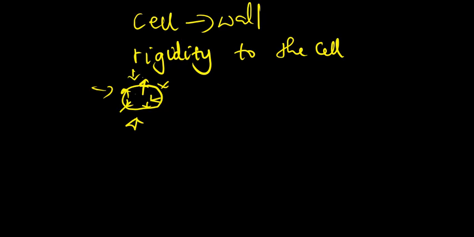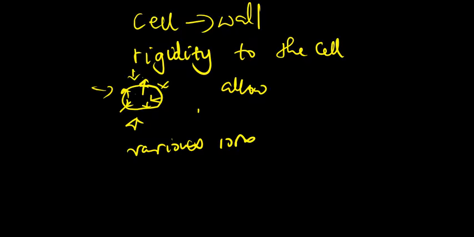So water and various ions and small molecules can actually pass freely. The cell wall is not like the cell membrane, where it's semi-permeable. This one can allow all types of substances to go through it.